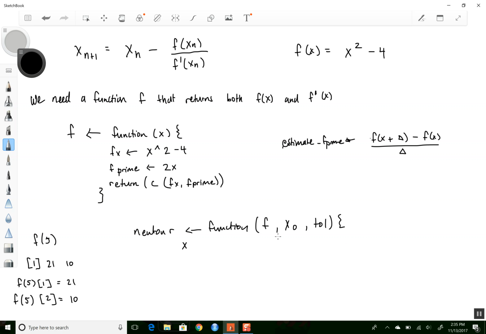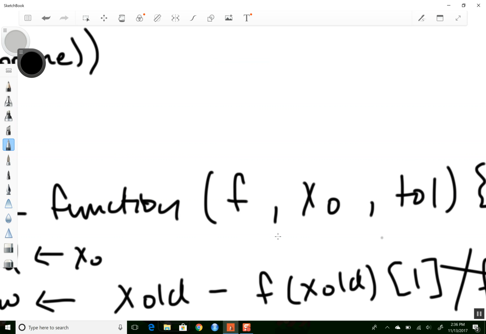So we have x old be x0, and then x new will be x old minus f of x old, the first value, divided by f of x old. Something happened.